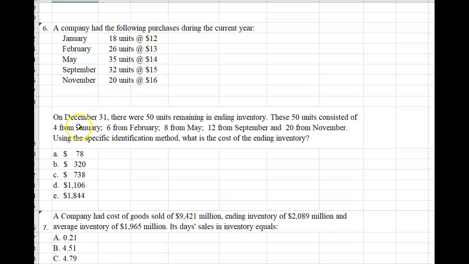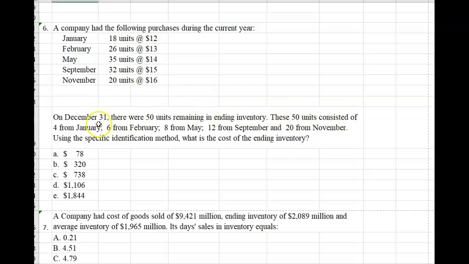Then it goes on to tell us that on December 31st, there were 50 units remaining in inventory. These were 50 unsold units. Everything here was sold except 50 units.